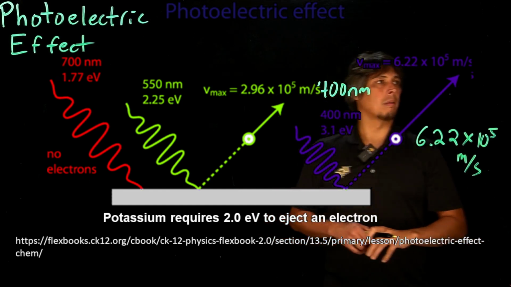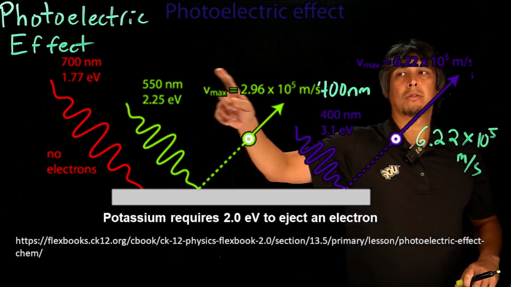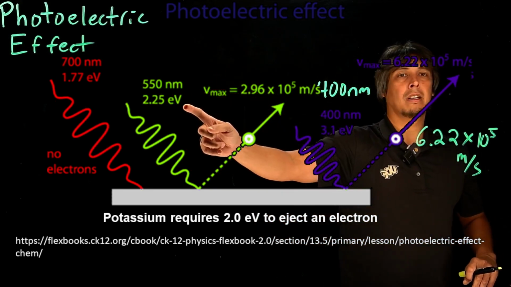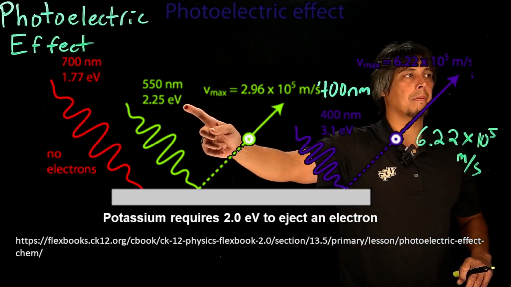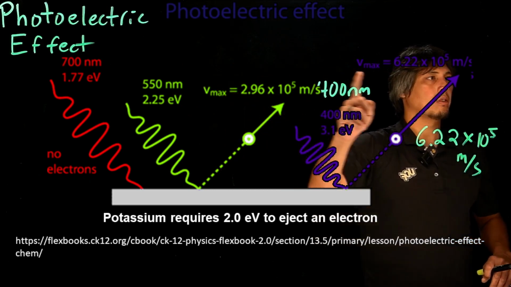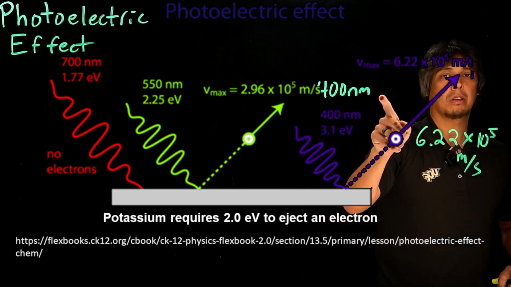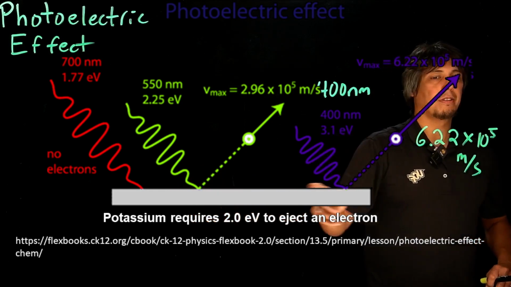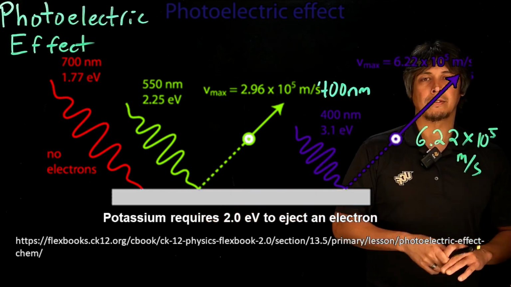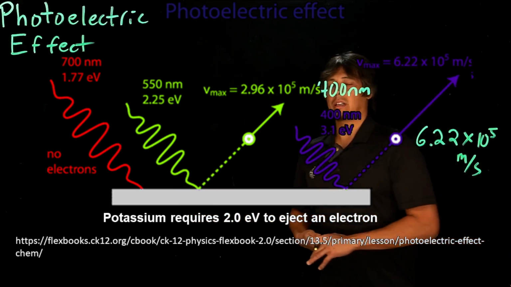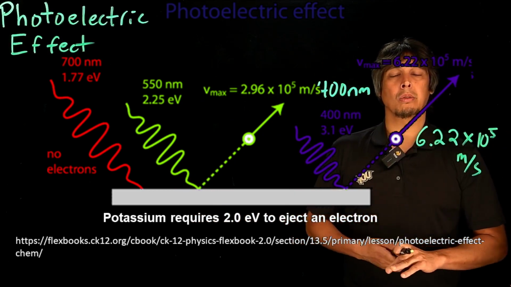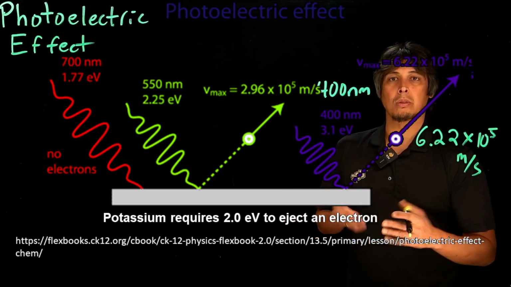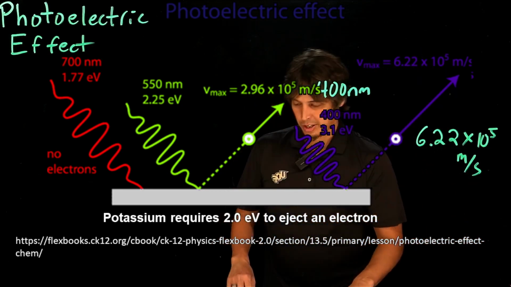So going from 700 nanometers, which shows no ejection of electrons, to 550 nanometers, which does see ejection of electrons, to 400 nanometers, which also sees ejected electrons, we see an increase in velocity. Again, increasing the intensity did not change the velocity of the ejected electrons, it just increased the number of electrons that were ejected.